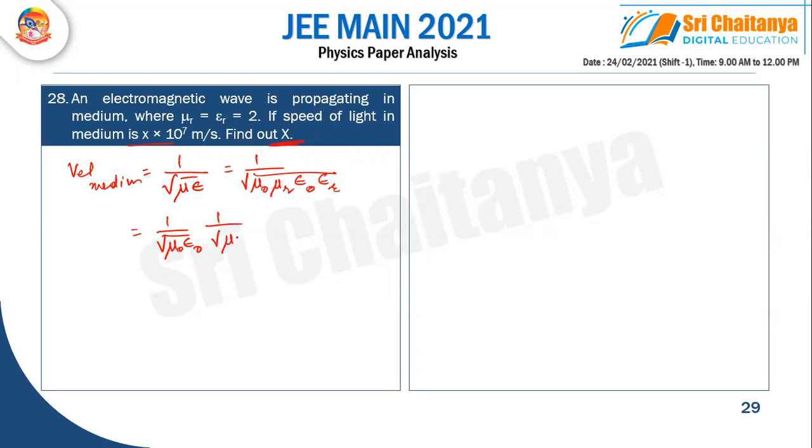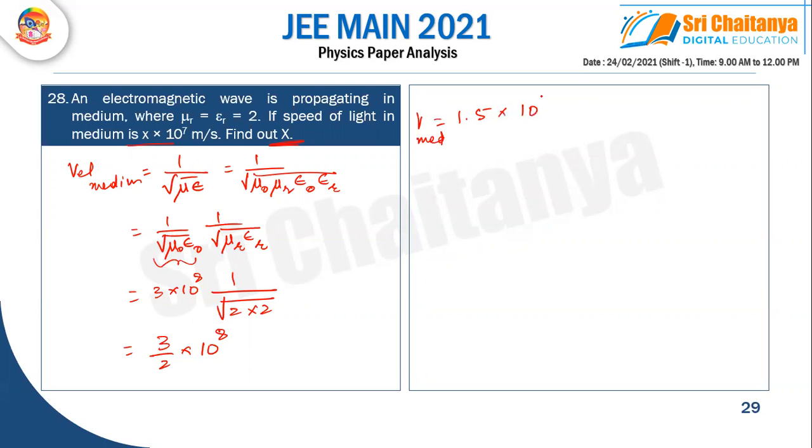divided by root of mu r epsilon r. Now this is the velocity of light, which we have as 3 into 10 power 8 meters per second, and we are given these two values. Now this is 2 into 2, and I'll be getting 3 by 2 into 10 power 8, which is 1.5. So the velocity in the medium is equal to 1.5 into 10 power 8.